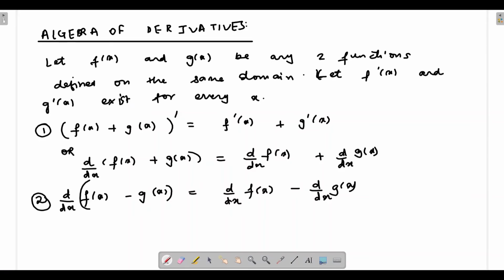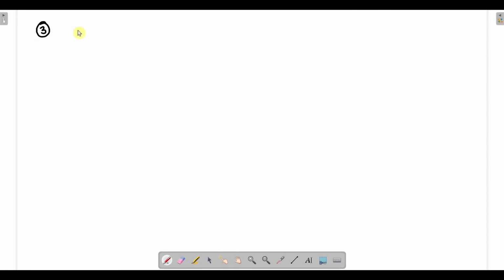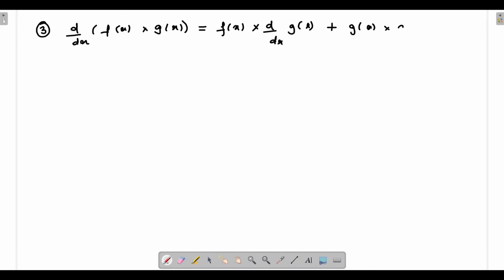Now the third property: the derivative of f(x) multiplied by g(x).